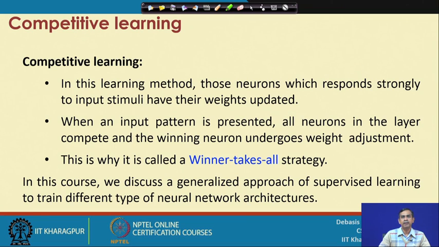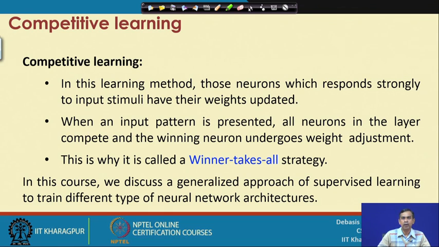It is called competitive because the neuron which responds in a strong manner is the winner. That is why this kind of unsupervised learning technique is called the winner takes all strategy. Anyway, we have learned briefly about the different learning techniques.